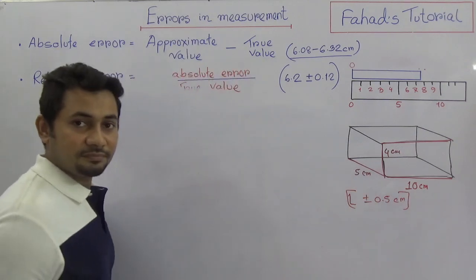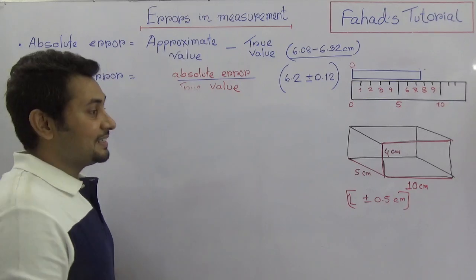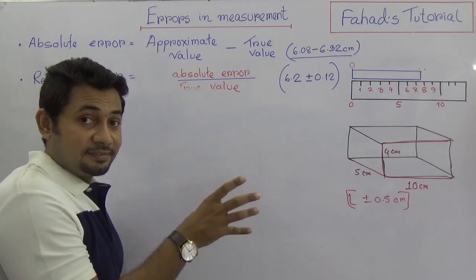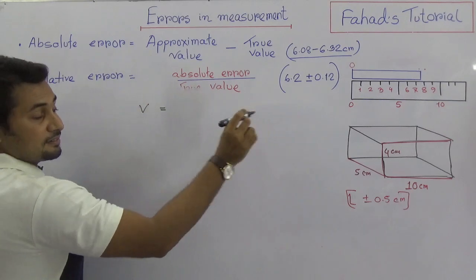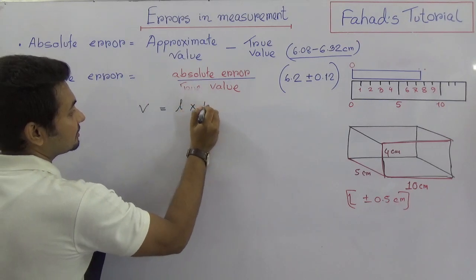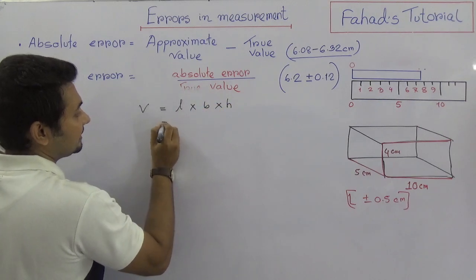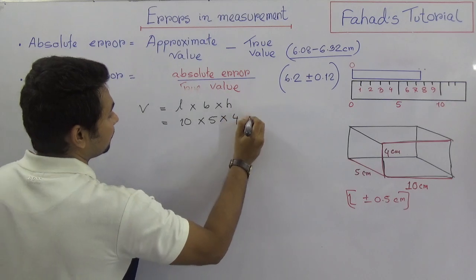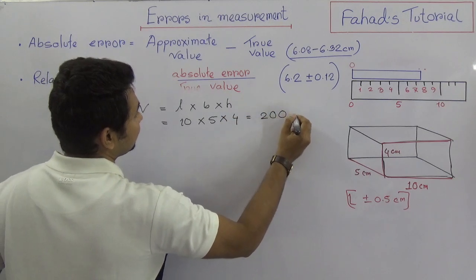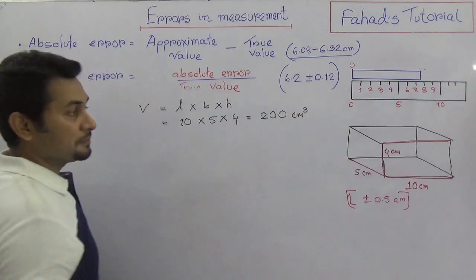Now you see that considering this 0.5 centimeter, previously the volume of that rectangular is length times breadth times height, 10 times 5 times 4, is 200 centimeter cube.